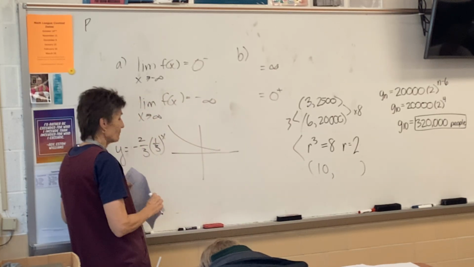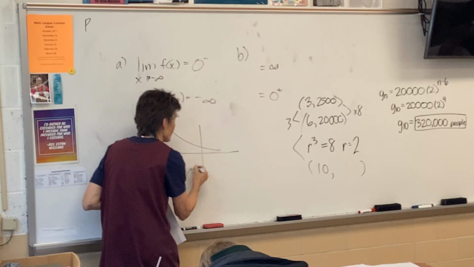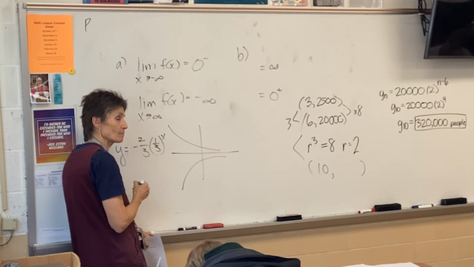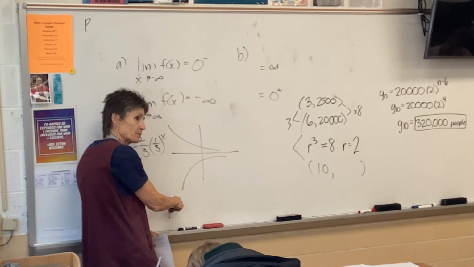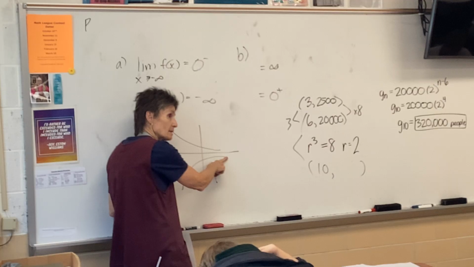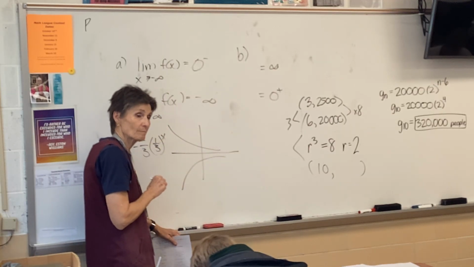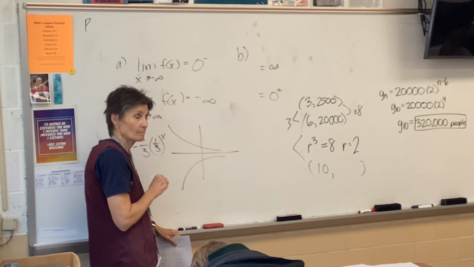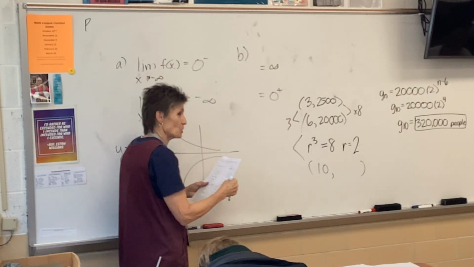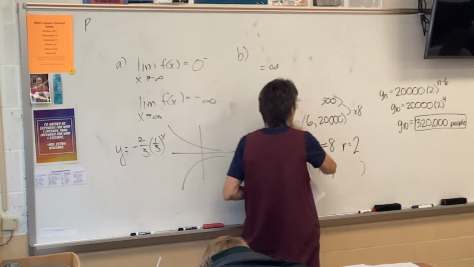But with the negative in front, it flips it over, so it's going to look like that. So on the left, negative infinity. On the right, 0 from the bottom. We're using our formal notation, but we're running out of time.